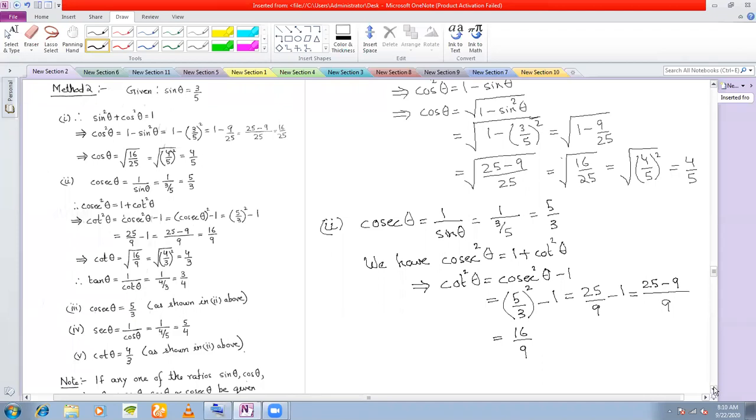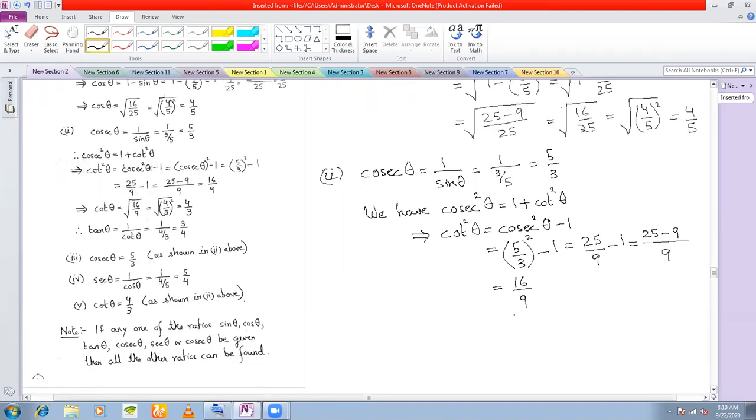Or in fact, just as we did in one, what you can do is you first find cot theta. Cot theta is equal to square root of cosec square theta minus 1.